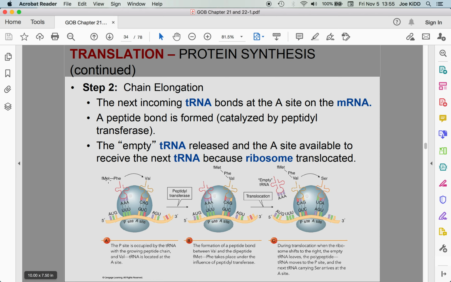So we had methionine, and then next we have something for phenylalanine, and the next one after that is going to be valine, and each time we're going to grow and grow. Here's that primary structure of our protein growing.